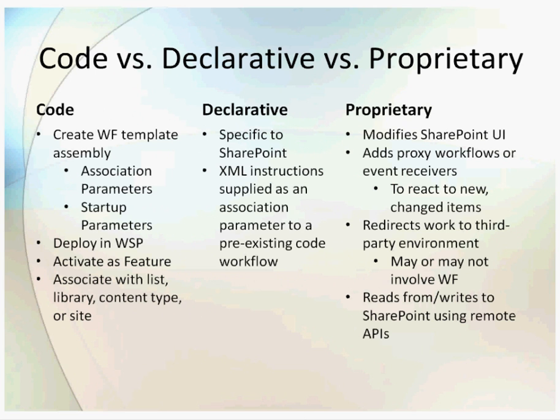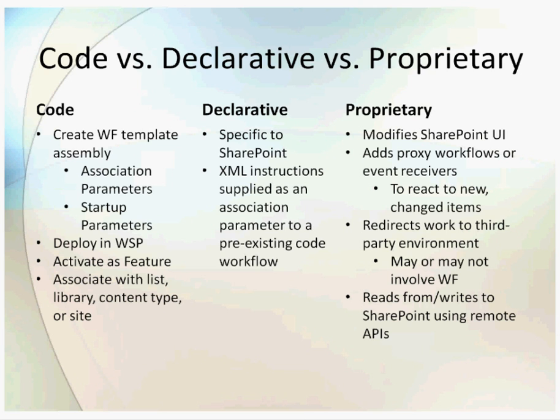A code-based workflow starts out as a workflow template assembly. You're going to create most of the workflow in code. You can provide some parameters for when you associate the workflow template with a particular place. And you can also provide some startup parameters so that when someone begins the workflow, they're asked some final questions. But it's code.